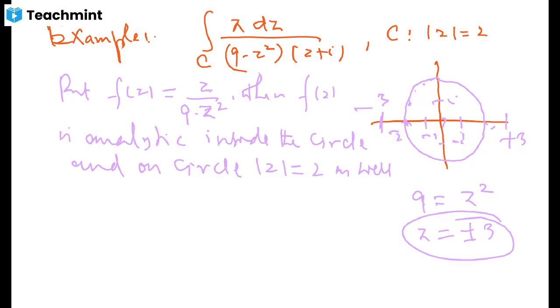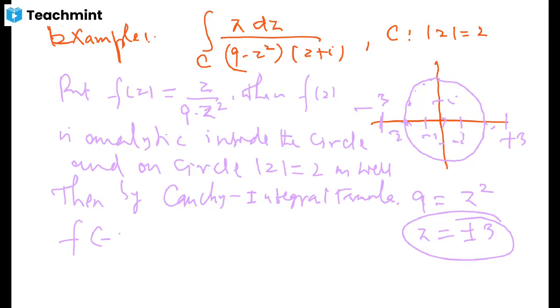Here minus i will work as a z naught for us. Then by Cauchy integral formula, I can write the value of f at minus i.